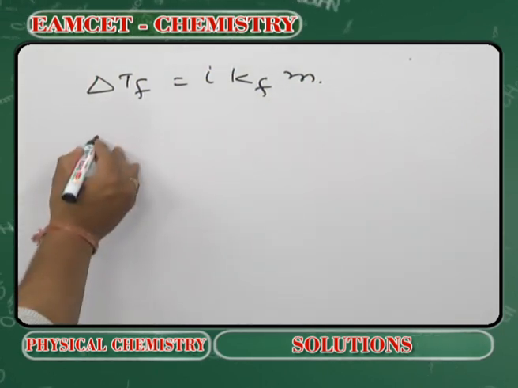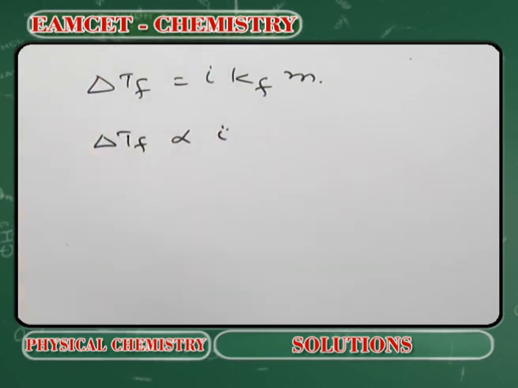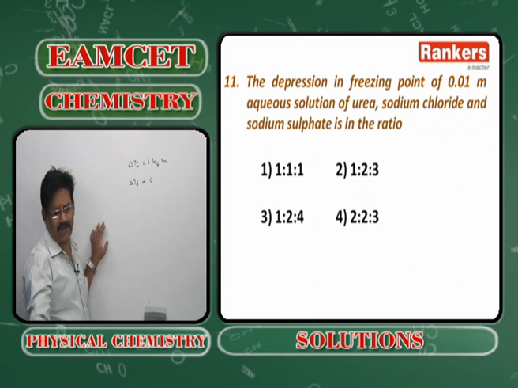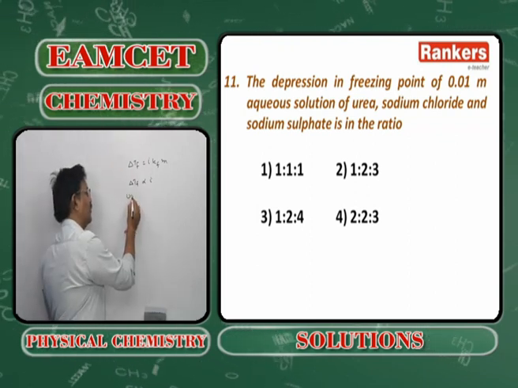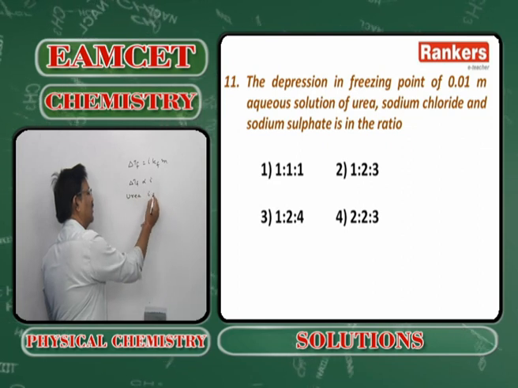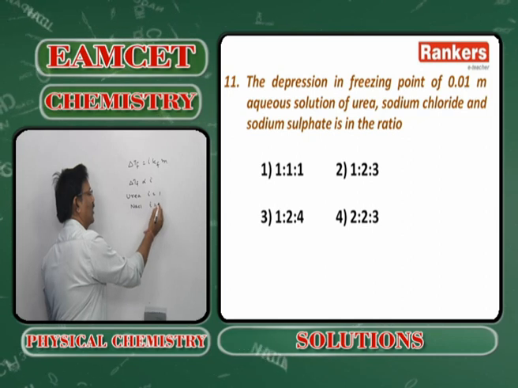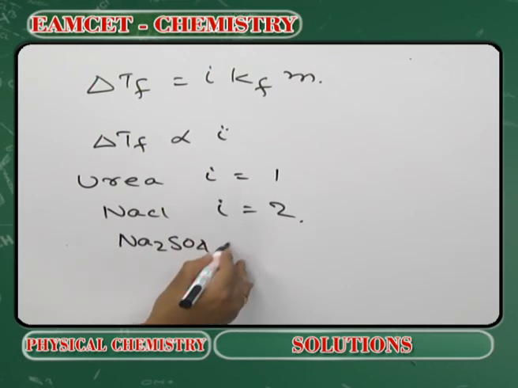So delta TF is proportional to the i value. Assuming complete ionization of sodium chloride and sodium sulfate, for urea i is equal to 1, for sodium chloride i is equal to 2, for sodium sulfate i is equal to 3.